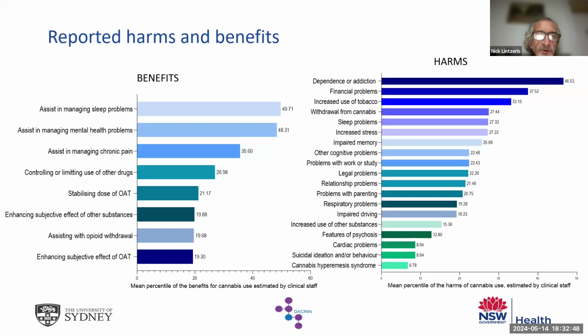We saw before that patients using their medical cannabis, largely for pain, mental health, and sleep, tend to do so on a daily basis, which is going to increase your likelihood of withdrawal, dependence, and financial problems. So you can see these are going hand in hand. And I think this challenges us to reconsider what is going on with cannabis use in opiate dependence populations.